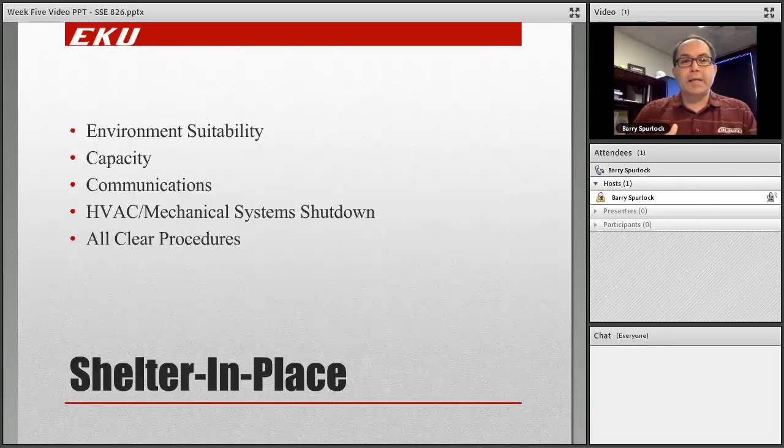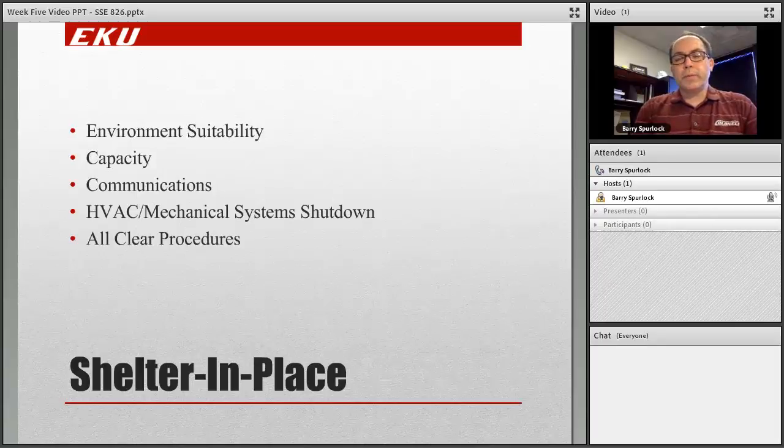And if it's from a hazmat situation, does it provide the least amount of exposure? We want to also make sure that the shelter-in-place area has the capacity to hold the amount of evacuees or shelter-in-place individuals that we're planning for.